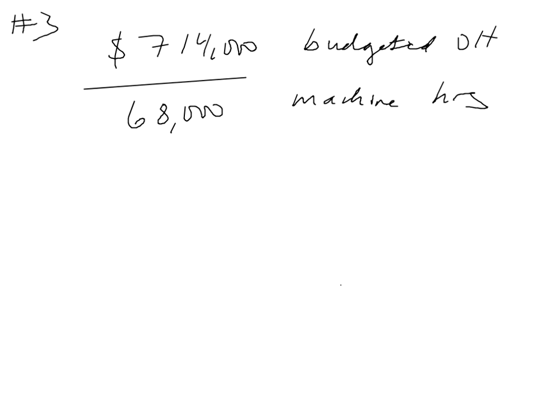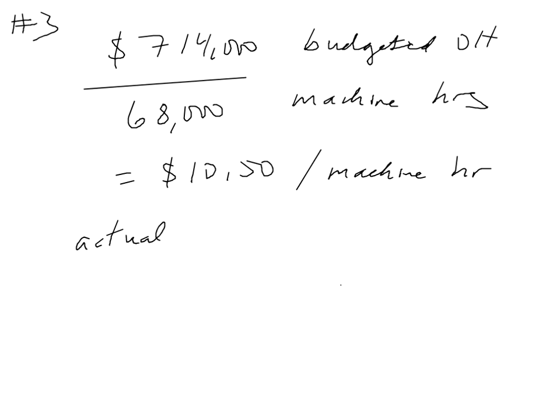So that would be a rate of $10.50 per machine hour. All right, so that's our predetermined overhead rate. Now the question tells us that our actual machine hours is 69,500. So we ran our machines a little bit longer than we thought we were going to run.